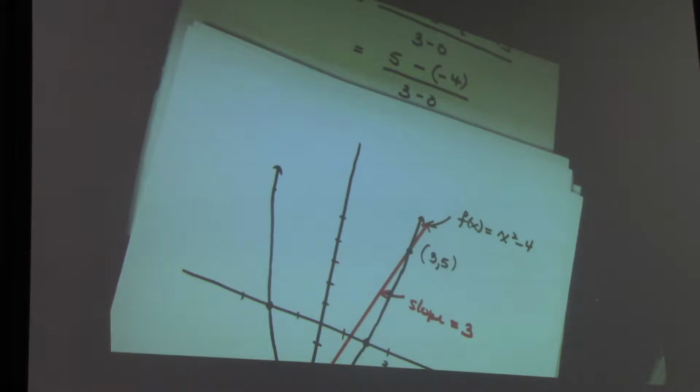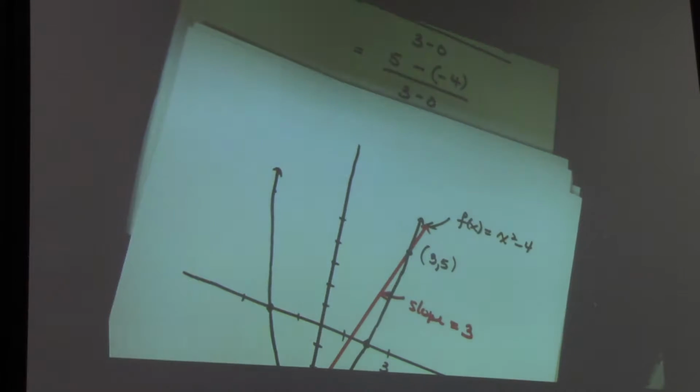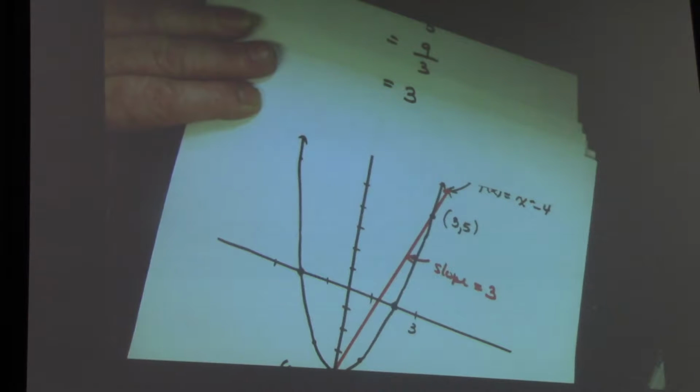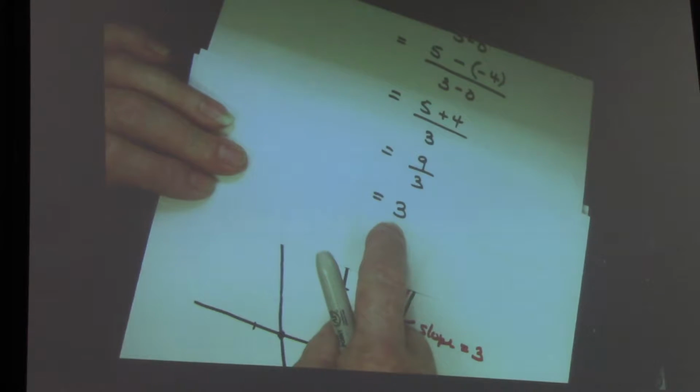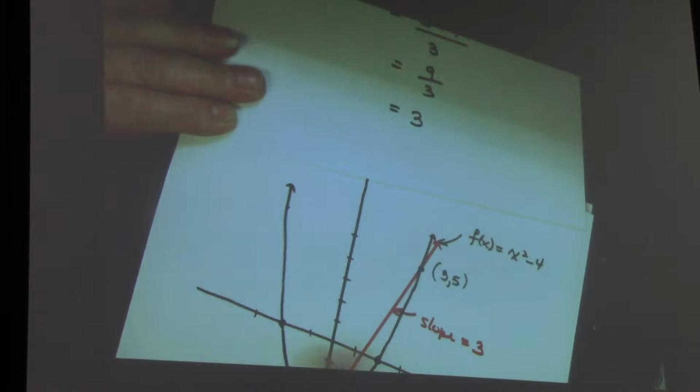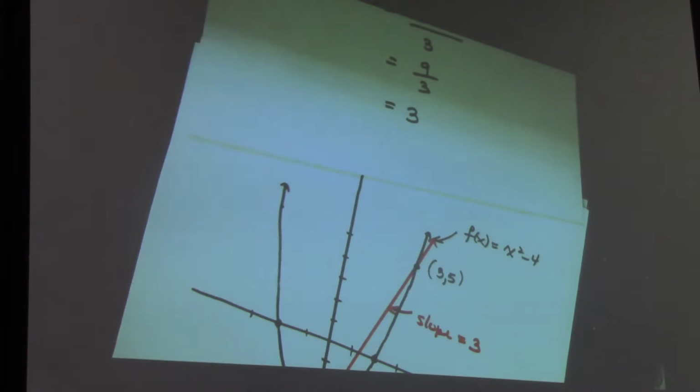Increasing or decreasing? Increasing. Okay, and if the slope of some line is negative, then that line itself is decreasing. Okay? Well, the fact that the slope of this line from x equals 0 to x equals 3 is a positive number, okay, means that on this interval from 0 to 3, the function is increasing.